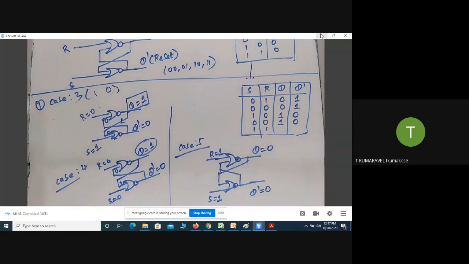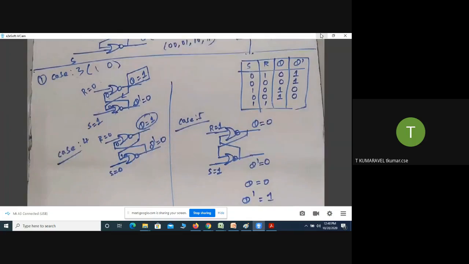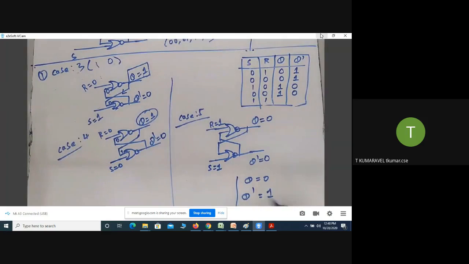If you look at that diagram, what they have given is that if one of the inputs is equal to 0, then definitely the other input is equal to 1. If the first input is 1, then definitely the second input is equal to 0. It should appear in such a way, and that's why it is denoted as Q bar.